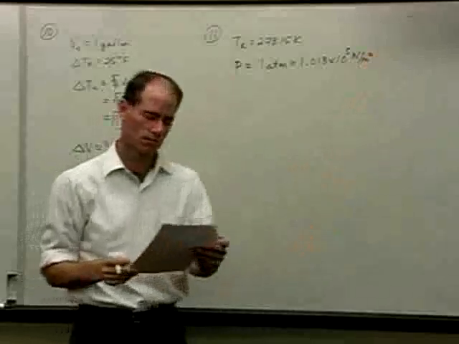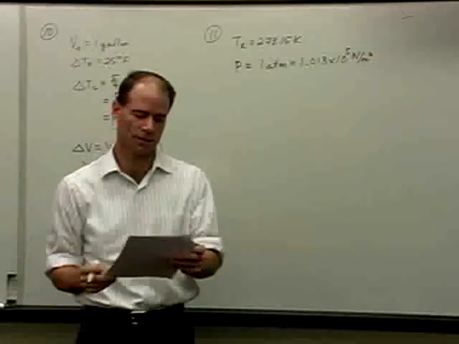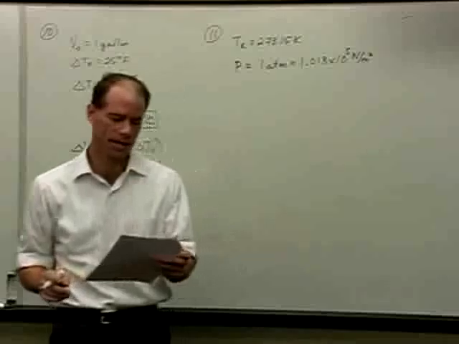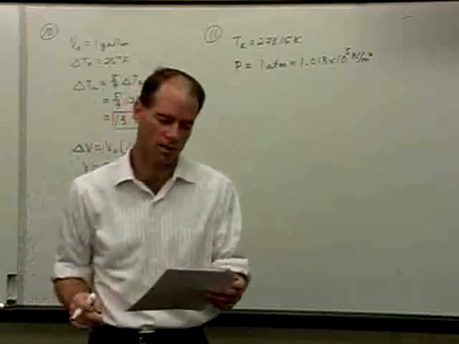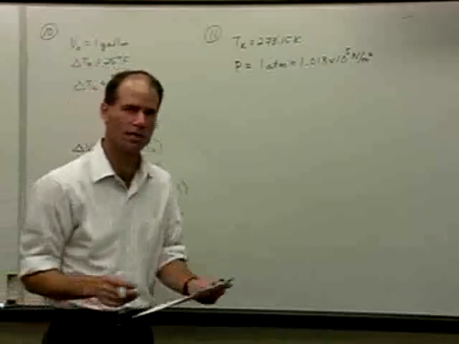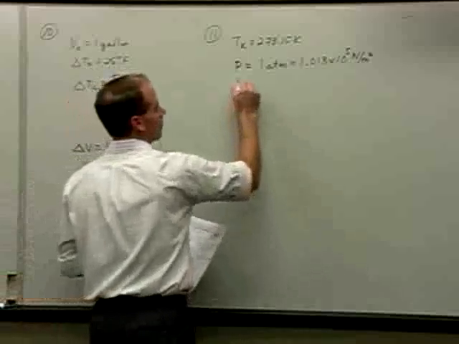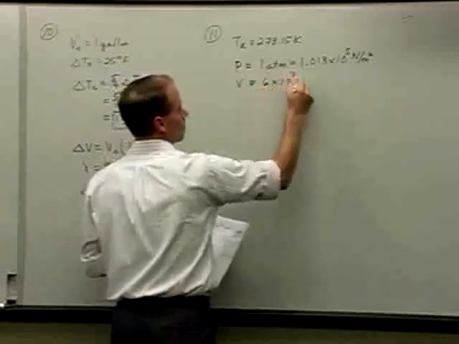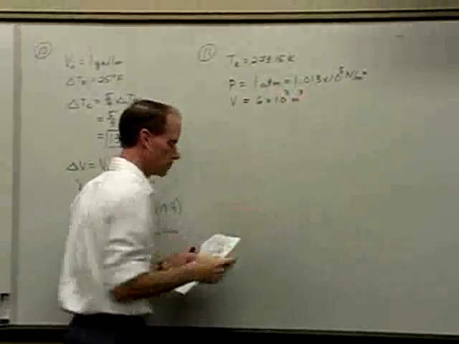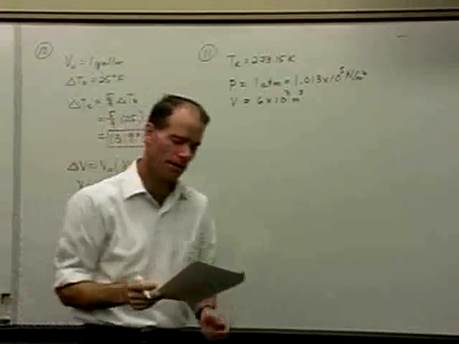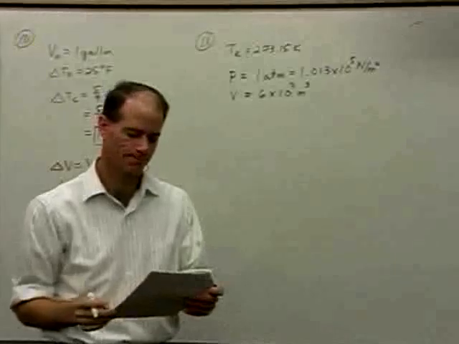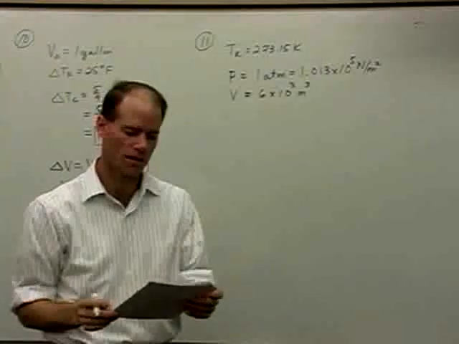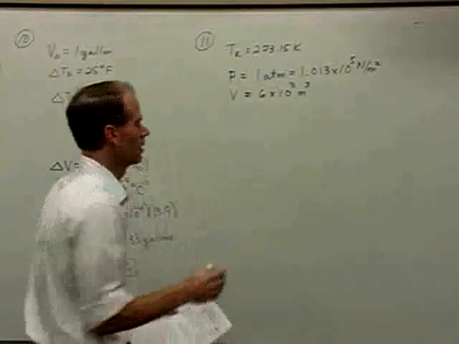That is in the SI system units. In this case, we have an auditorium that has a volume of 6 times 10 to the 3 cubic meters, and we were asked to find the number of molecules in this room.